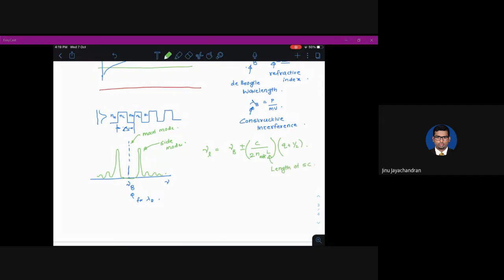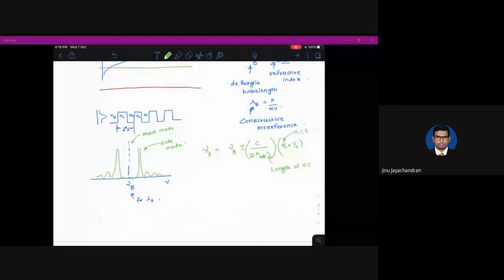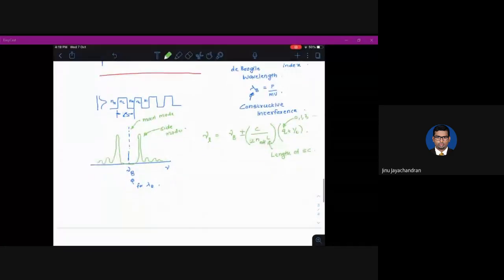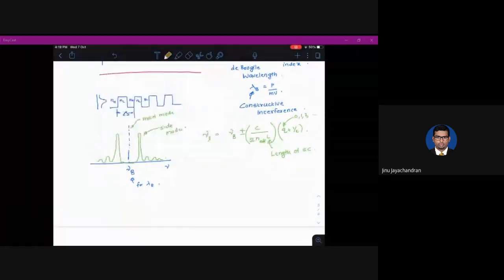And Q can take values 0, 1, 2 according to the lobe which you are calculating. So this is the side lobe frequency. Now side lobes will cause problems.